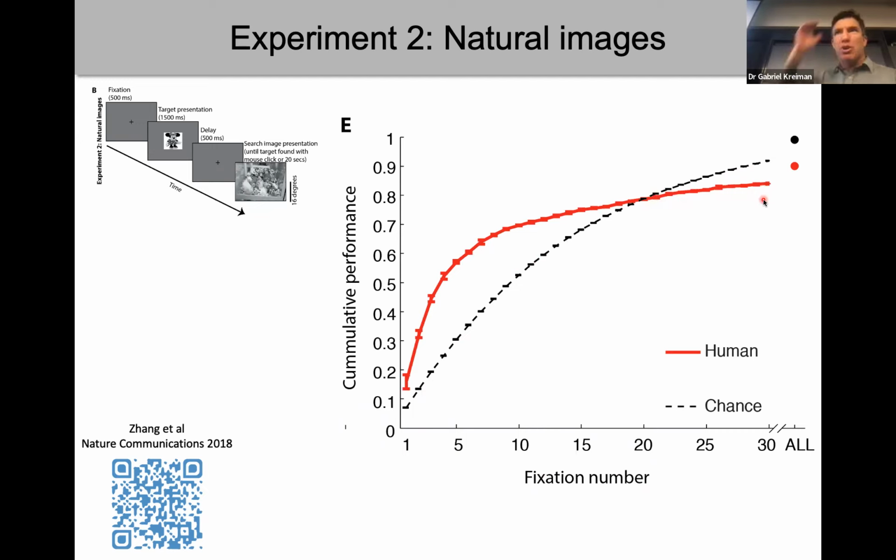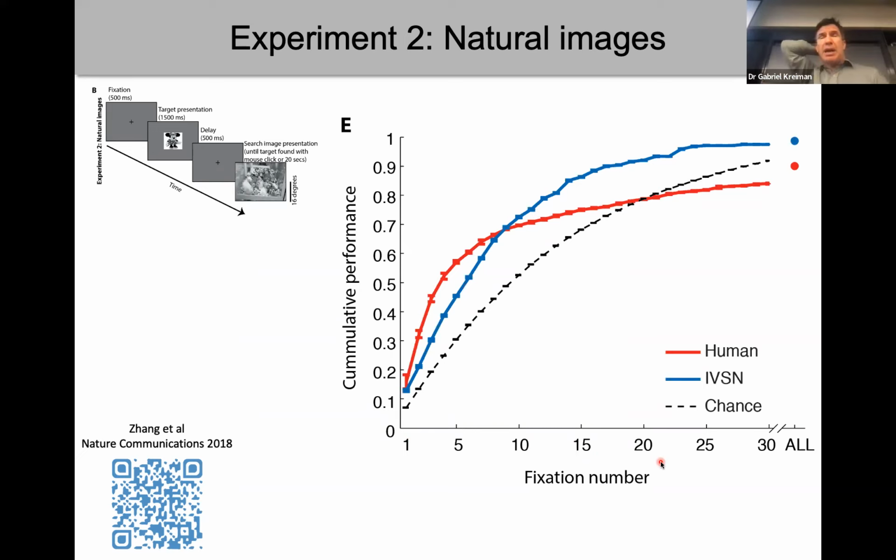And that happens because sometimes humans repeatedly go back to previous locations. So in those cases where they have to make a lot of fixations, that is, it takes them a very long time to look for the target, humans end up going back to previous locations, and our chance model doesn't do that. Our chance model, again, moves randomly, but never repeats a previous location. Okay, so that's humans, and that's our model.